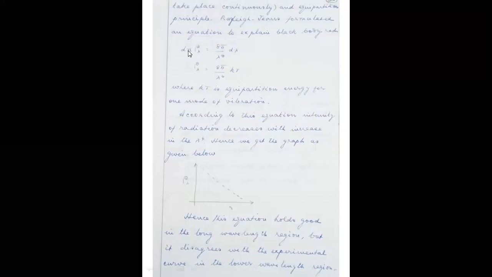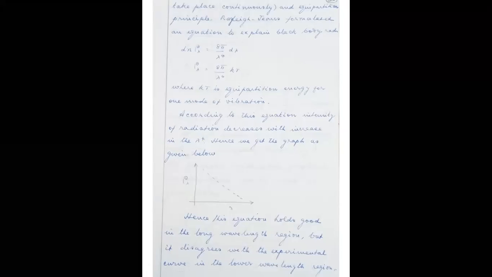According to that equation, dn, the number of vibrators, times rho lambda, the intensity, is equal to 8 pi by lambda power 4 d lambda. d lambda means the lambda gap. I am taking a particular lambda gap.